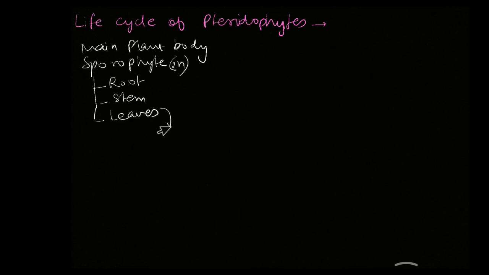Some of the leaves are known as sporophylls, and these sporophylls produce sporangia.